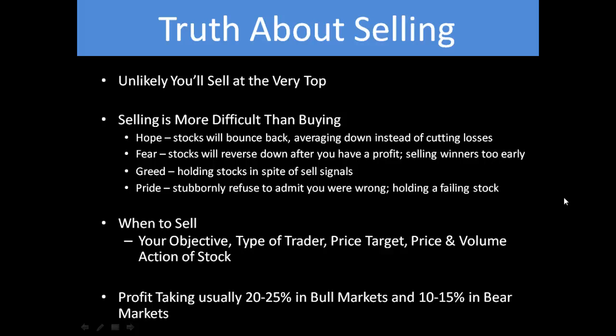If you have a stock that's doing fantastic and not showing any weakness or any sell signals, I would suggest that if your greed gets the better of you and you're unable to sell, at least take a partial profit. At least sell a quarter to a third to half of your position, so that if it should reverse, you've secured some profit, and then perhaps tighten your trailing stop on the remaining balance.